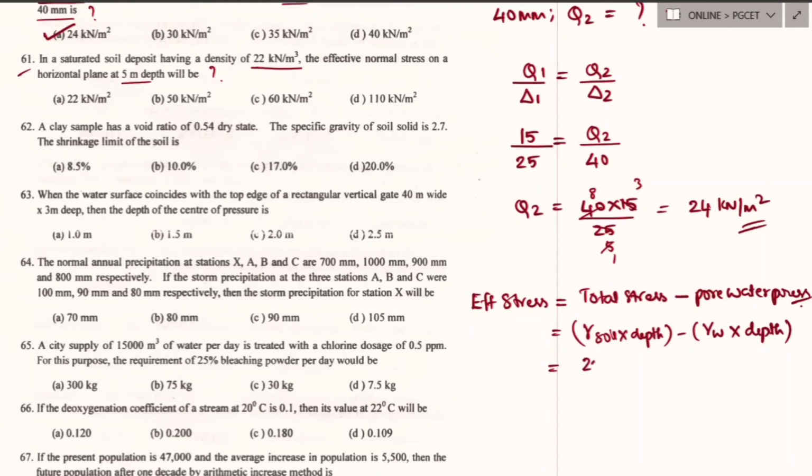Density of soil is 22 multiplied by depth of the total stress, which is 5 meter, minus density of water, which is 10, and depth of the pore water pressure is 5 meter. Therefore, if you calculate this, the effective stress will be 60 kN per meter square. So option C is the right answer.